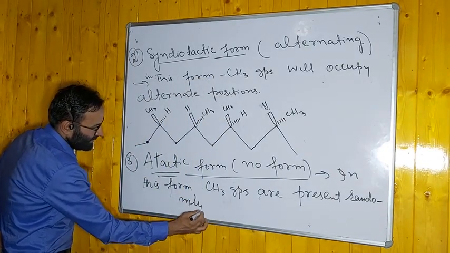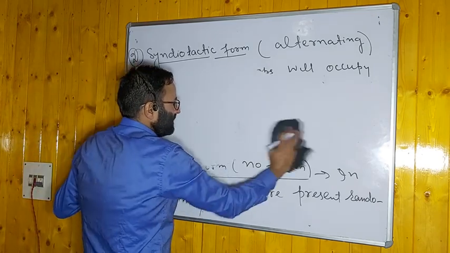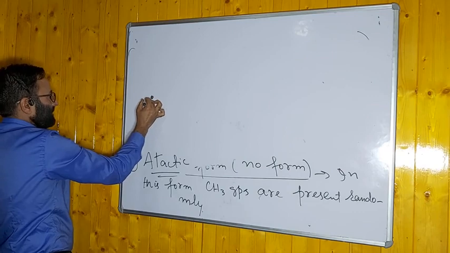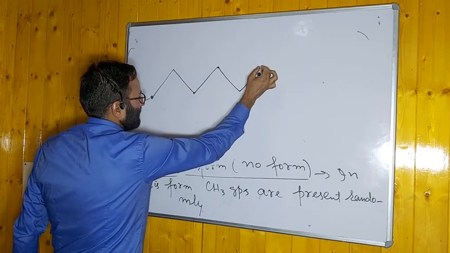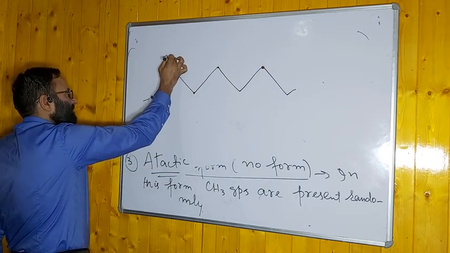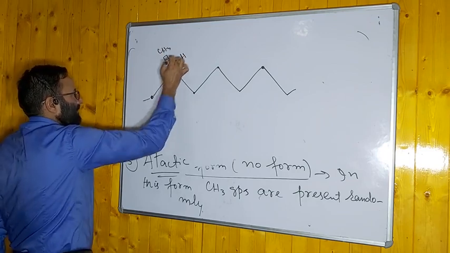We will draw it. What is meant by randomly? This one is atactic. If the methyl group on the first carbon is above the plane, hydrogen is below the plane.